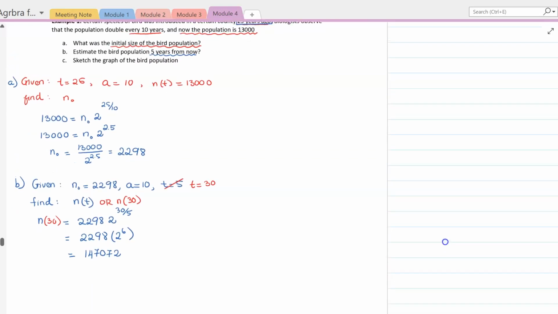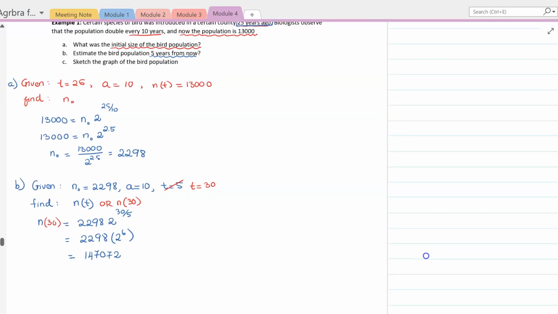So 5 years from now, that is the population of the bird.